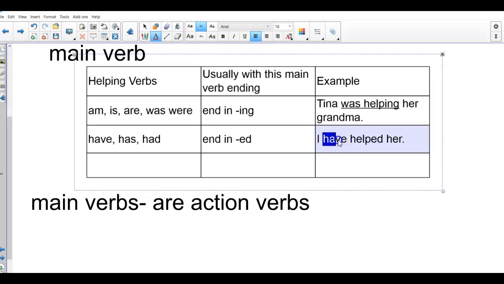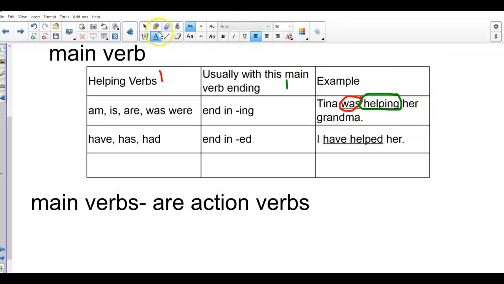So you have the word have, which is our helping verb. Okay, have is working with the word helped. Have helped is my verb phrase, so I'm going to underline it. And then I'm going to go up here and grab my pen, and I need to circle my helping verb, which in this case is have. And then I'm going to get green, and I'm going to circle my main verb, which is helped.